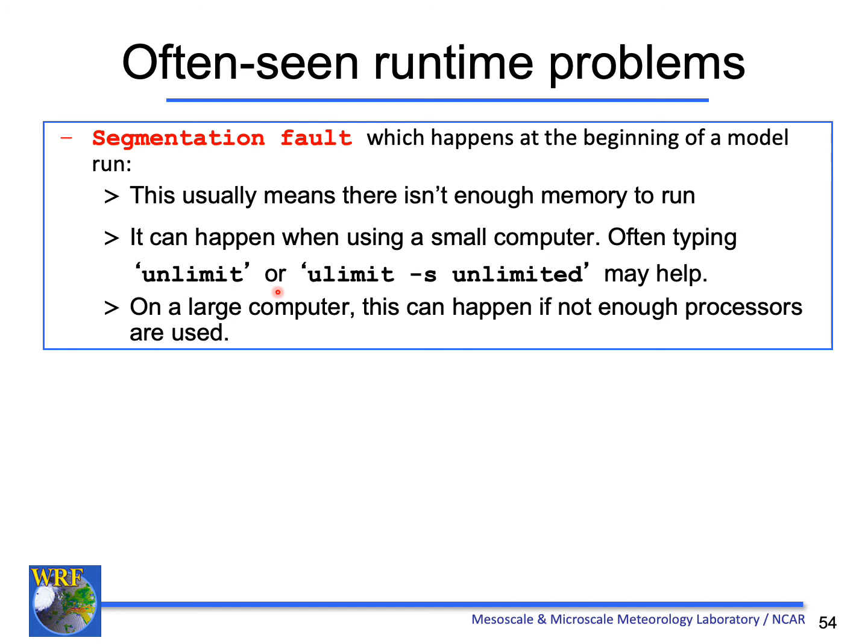If this doesn't help, it means we will need a computer with more memory, or we can decrease the model grid dimensions to reduce memory use. On a HPC computer, we may still get this error if we don't use enough processors to distribute the memory for the job.